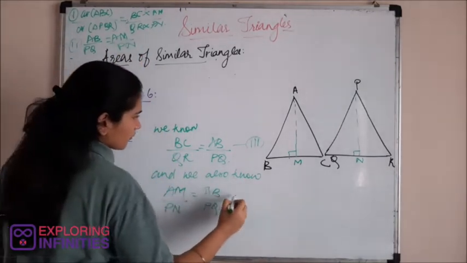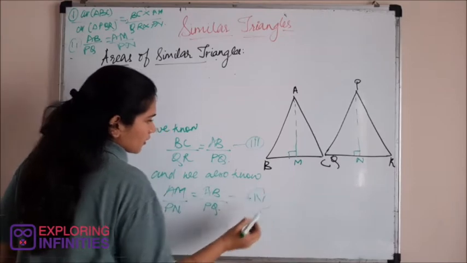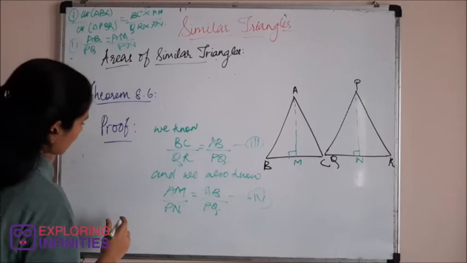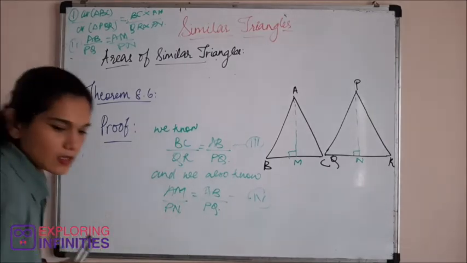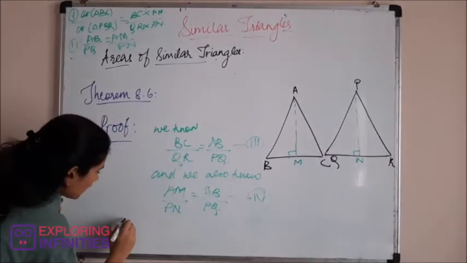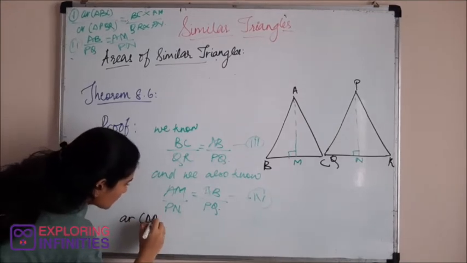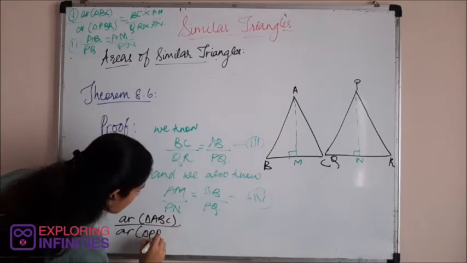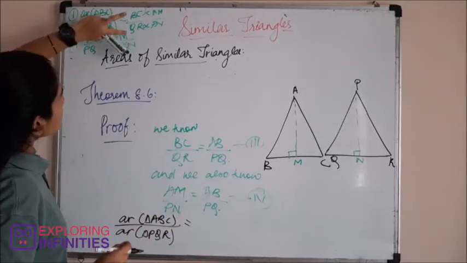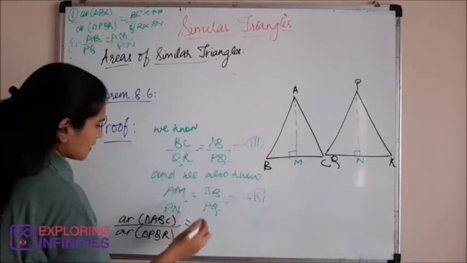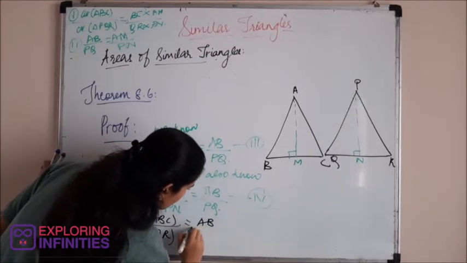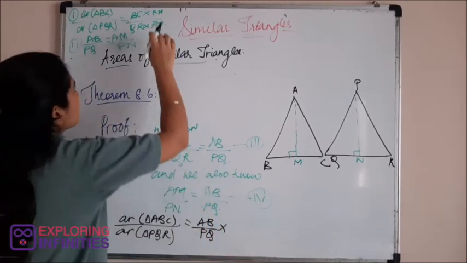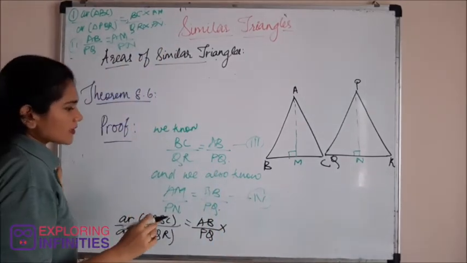Now if we mark this as point number 4, therefore we can substitute this, so we can write everything as area of triangle ABC divided by area of triangle PQR is equal to, if we convert BC divided by QR as AB divided by PQ, I'm sorry. So AB divided by PQ multiplied by AM divided by PN would also be equal to what?